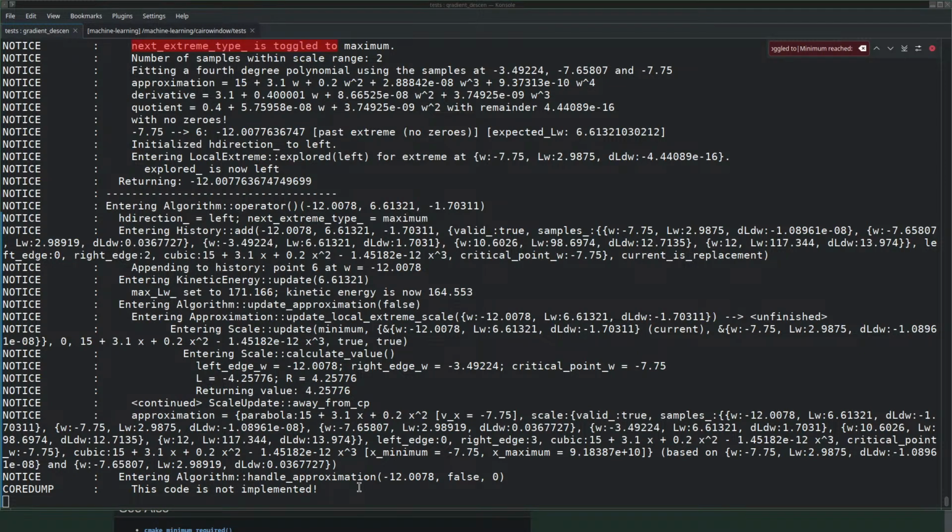At any rate, it did not call find extreme again. So still core dumping in the end.